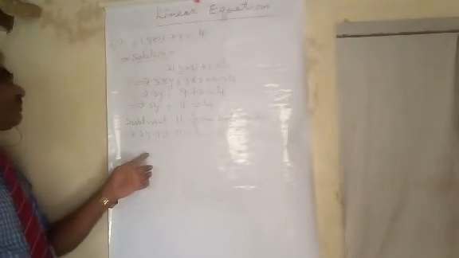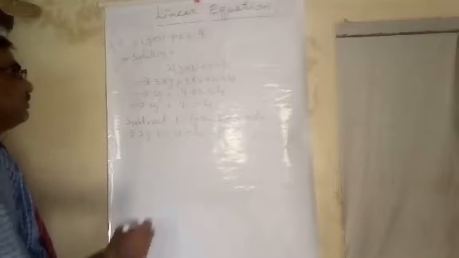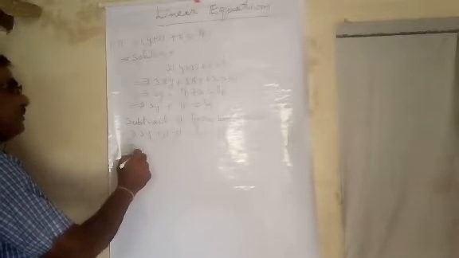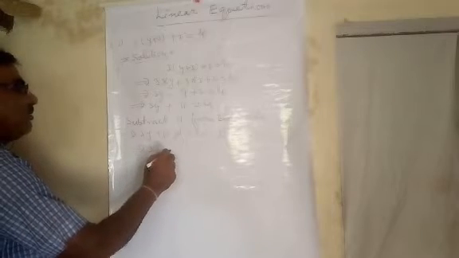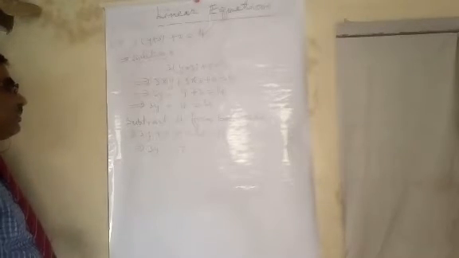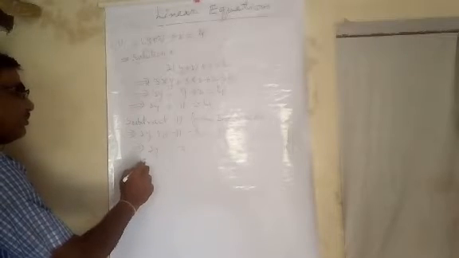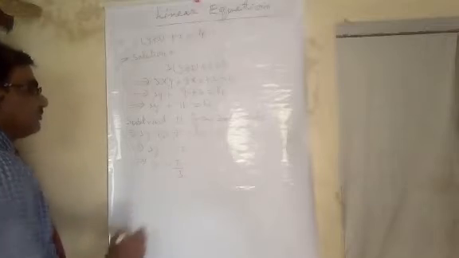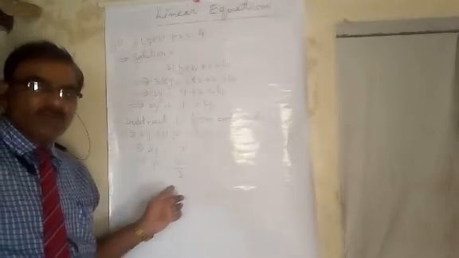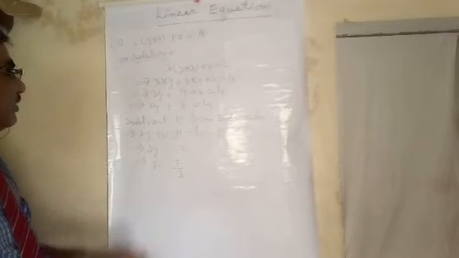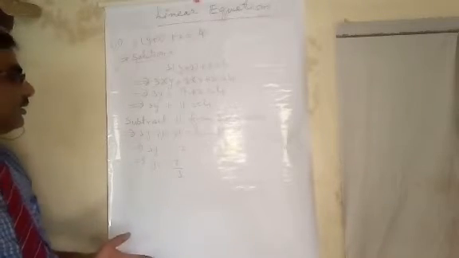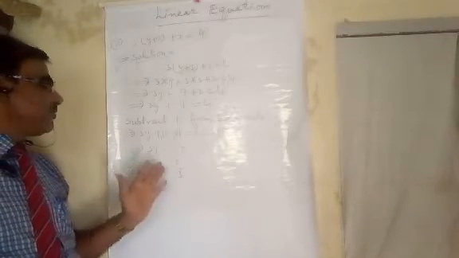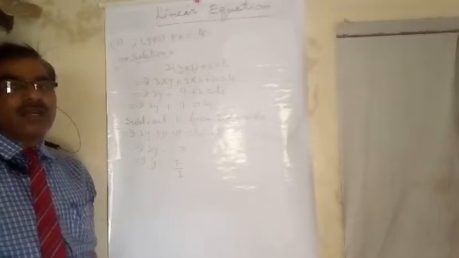Now plus 11 is cancelled by minus 11, and it will be 3y equal minus 7. Therefore, y equal minus 7 by 3. After this, I will check whether the value y equal minus 7 by 3 is correct or not correct.